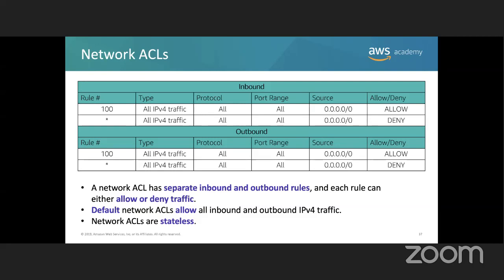And forget it, allow has less precedence than deny. Deny is more important than allow, okay? If there's a deny of one IP address, and there's an allow of the same IP address, forget about it, it's deny. Okay, deny has more priority than allow.